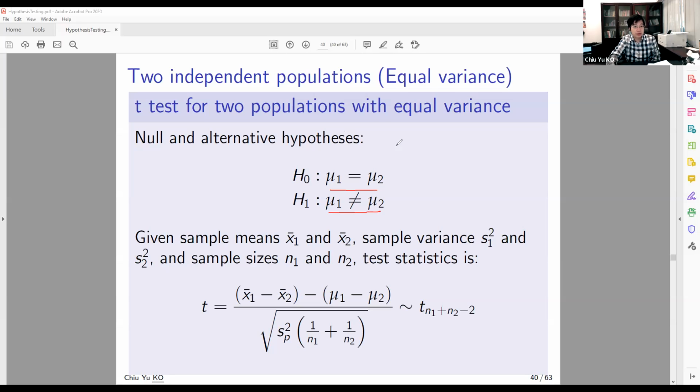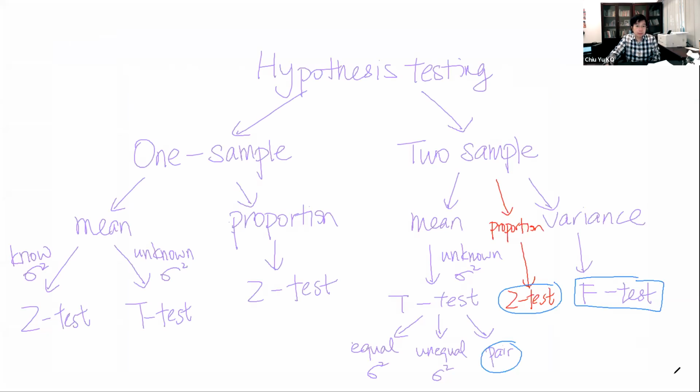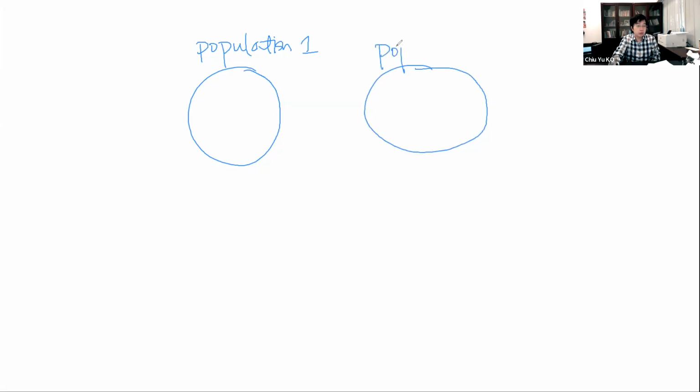Here we have two independent distributions. Maybe I use the whiteboard. So you have population 1, and there's another population 2, okay?